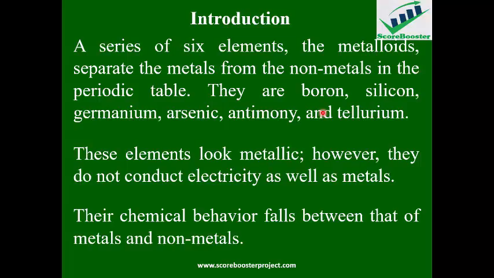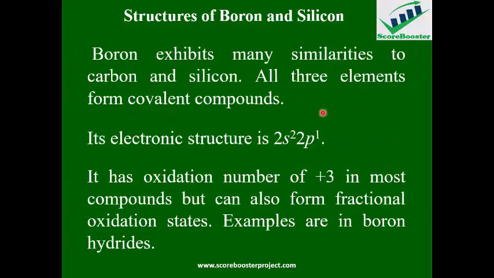So in some aspects they have properties of non-metals, and in other aspects they have properties of metals. Their chemical behaviors are sandwiched between the properties of metals and non-metals. That is why they are called metalloids or semi-metals or semiconductors, as the case may be. So let's look at the elements in that group.